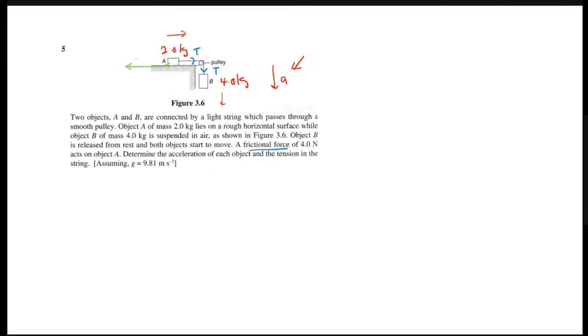So it will be 4.0 Newton to the left. Now, how many forces do we have here? B has a weight of mg. A does not have mg in this picture because it is not suspended.